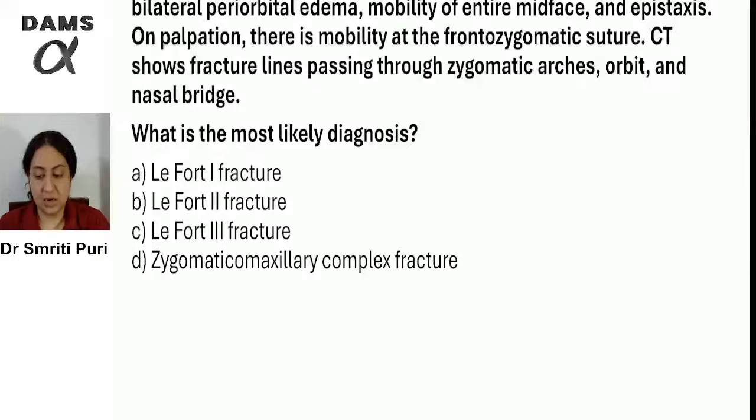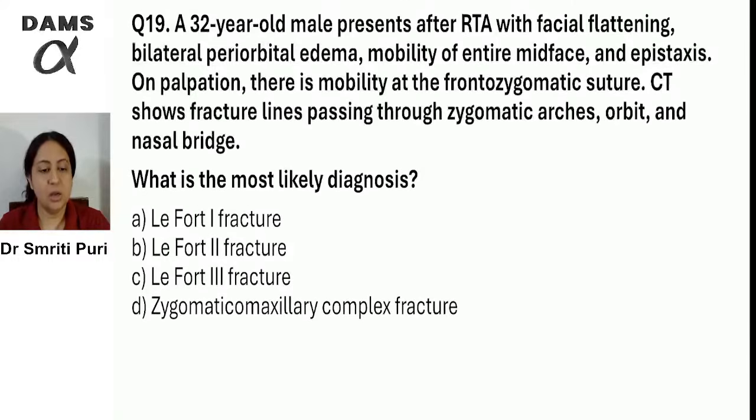Coming to question 19. A 32-year-old male presents after RTA with facial flattening, bilateral periorbital edema, mobility of entire midface and epistaxis. On palpation, there is mobility at the frontozygomatic suture. CT shows fracture lines passing through zygomatic arches, orbit and nasal bridge.